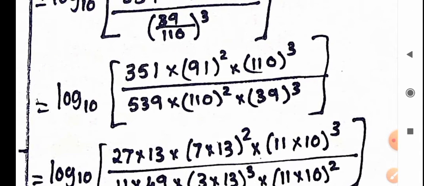So we will get log 351 into 91 square into 110 cube by 539 into 110 square into 39 cube.